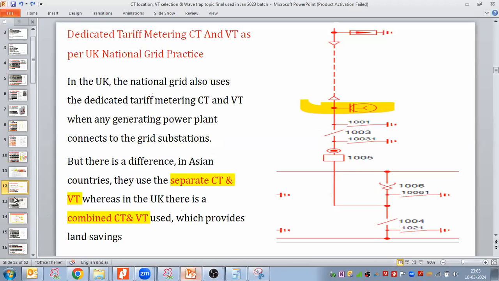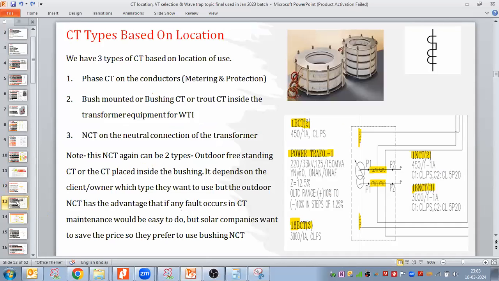So we can divide the CT into three types based on their location. We have three types of CT based on the location of use: phase CT on the conductors, which could be metering and protection CT; and bush mounted CT.